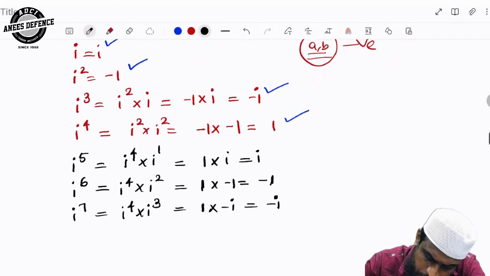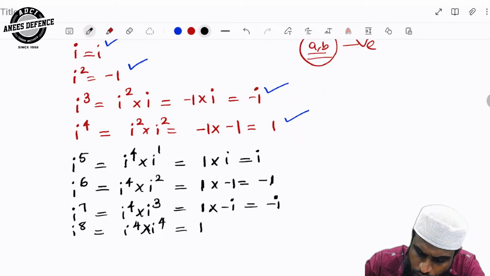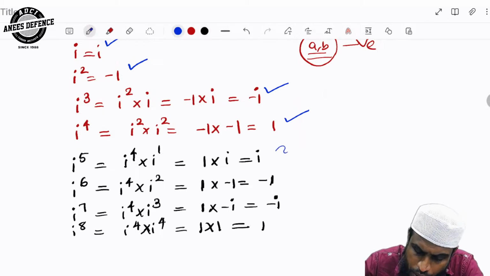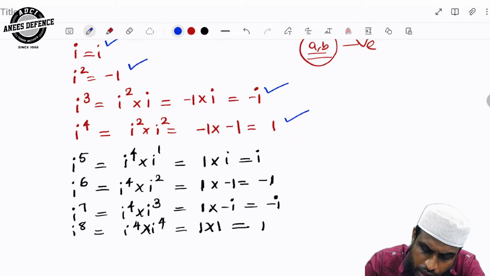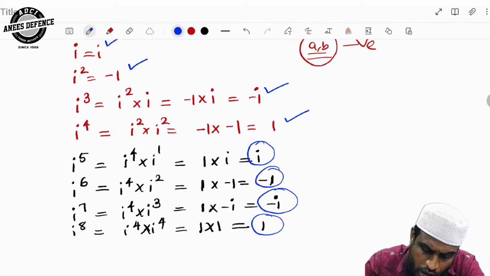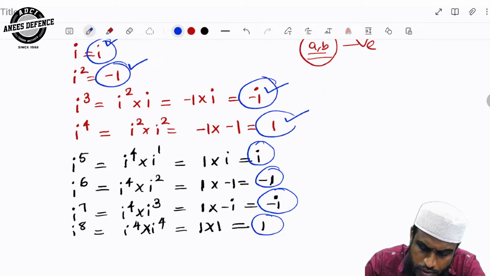Similarly, I raised to 8 equals I raised to 4 into I raised to 4, that is 1 into 1 equals 1. So again you can see I, -1, -I, 1.